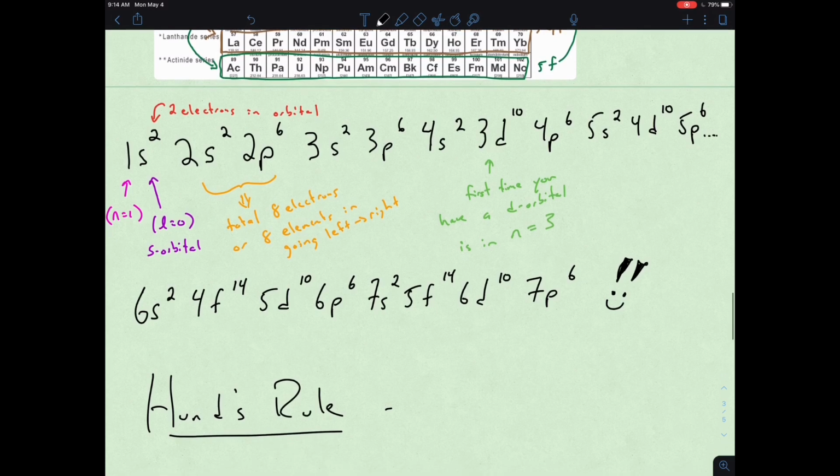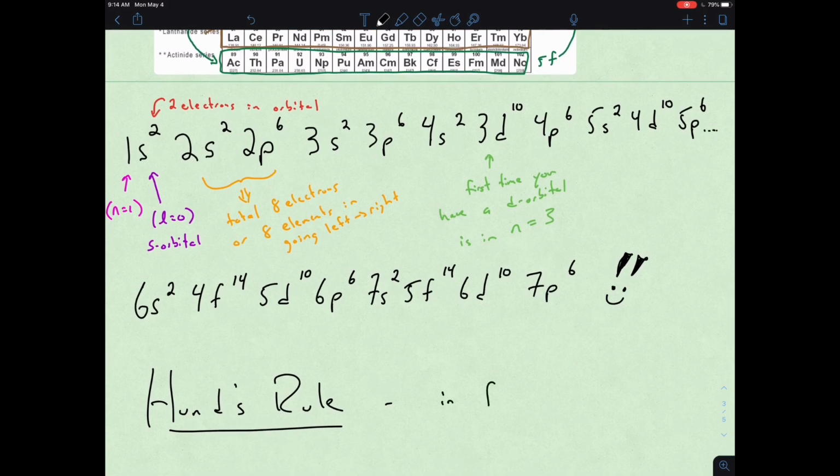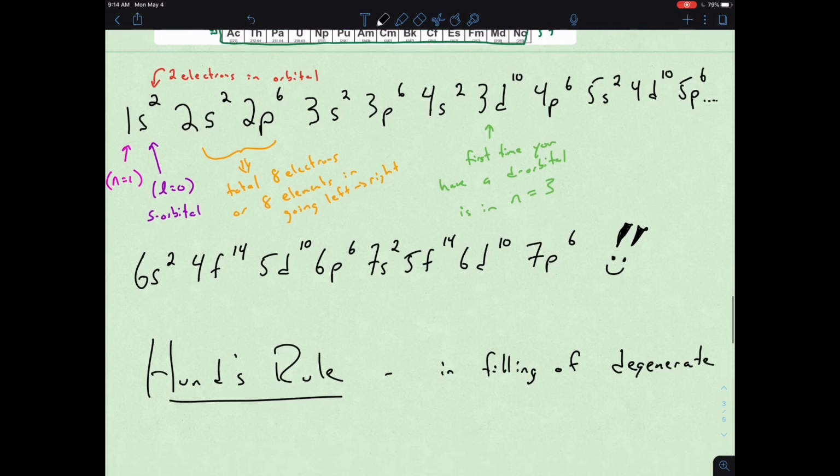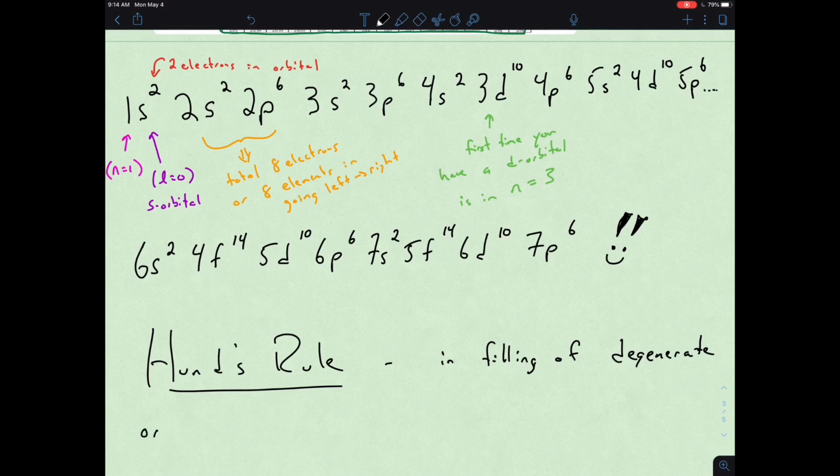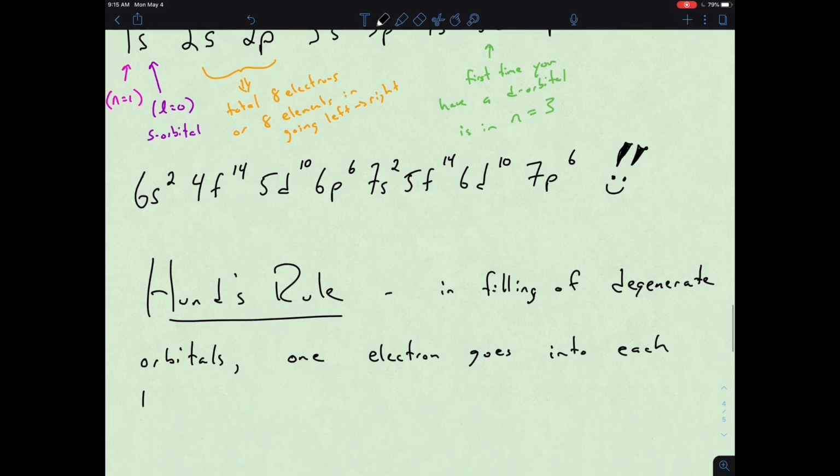And Hund's rule states that in filling of degenerate orbitals, one electron goes into each degenerate orbital before pairing occurs.